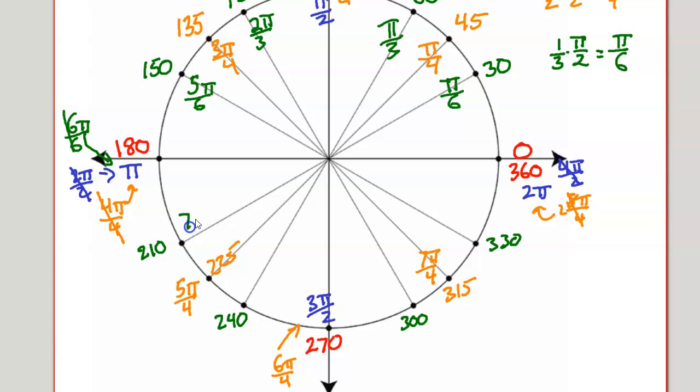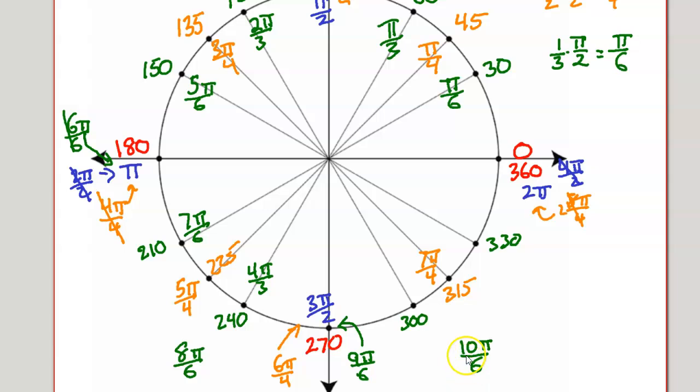So then we got 7π over 6. And we got 8π over 6 down here, which reduces to 4π/3. Right? And we have 9π over 6. All right, reduces to the 3π over 2 once again. So then we got the 10π over 6.